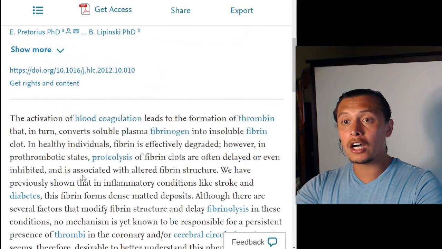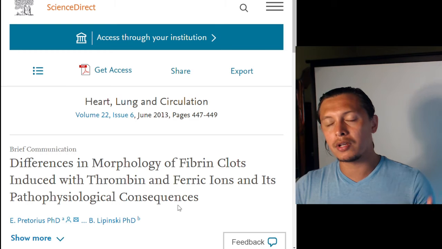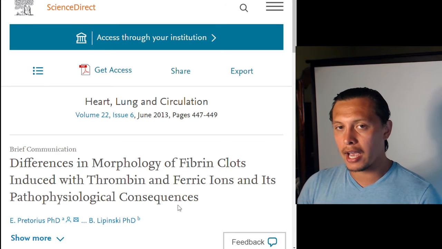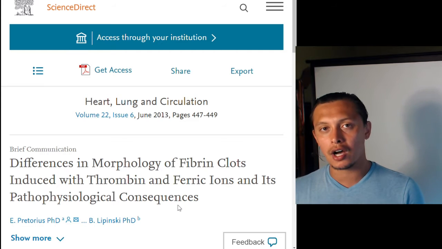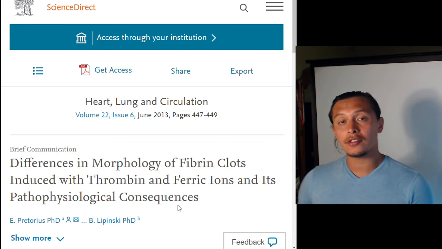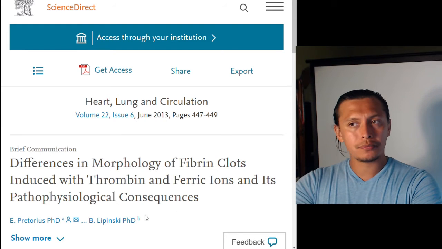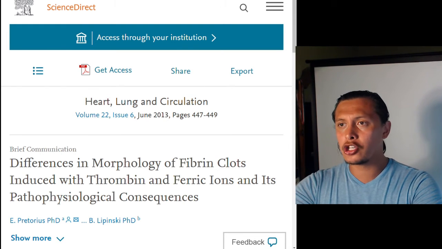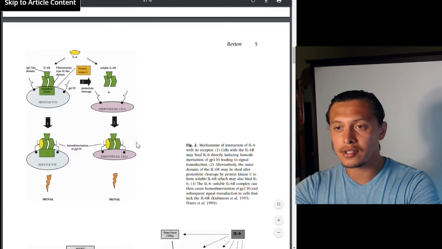So, knowing all of this, if we step back, what can we think? What I'm getting at is that if iron is being increased in the system, it can be causing blood clots, and it can cause these blood clots through, say, interleukin 6. So let me go back to this paper over here, which is called Interleukin 6 and Hemostasis.